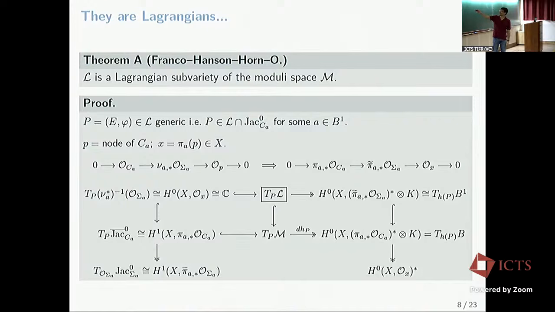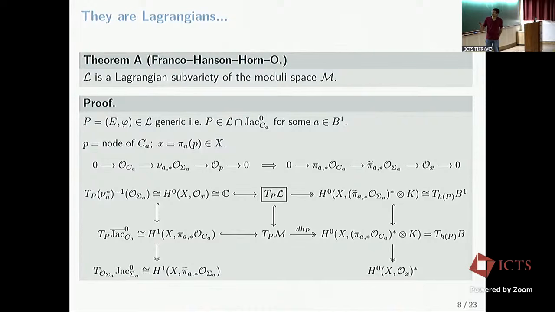The tangent space to B1 parameterizes equisingular deformations. You want to deform, but you want the deformed curves to still be nodal. These equisingular deformations were studied by the Italian school. They are well known. And here there's some work on identifying these equisingular deformations with this subspace of the Hitchin base, of the tangent to the Hitchin base.